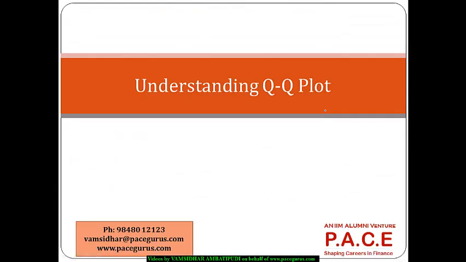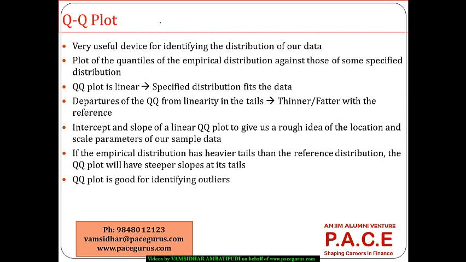Now let's look at the mechanism of understanding the QQ plot, otherwise called the quantile plot, which is a very important tool if I have to fit a distribution to a particular data.